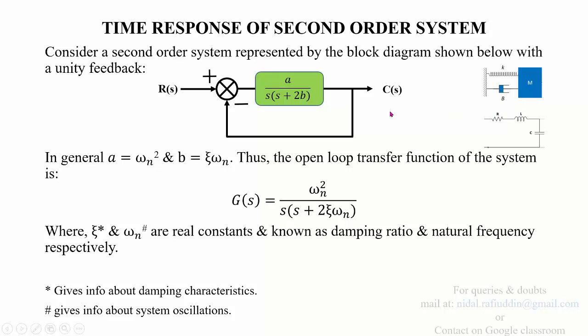The frequency after incorporating some sort of energy dissipator is termed the damped frequency of oscillation, while if there is no energy dissipator within the system, the oscillation the system exhibits is called the natural frequency of oscillation. And I told you that zeta gives you the information about damping characteristics, while omega n gives the information about system oscillations.